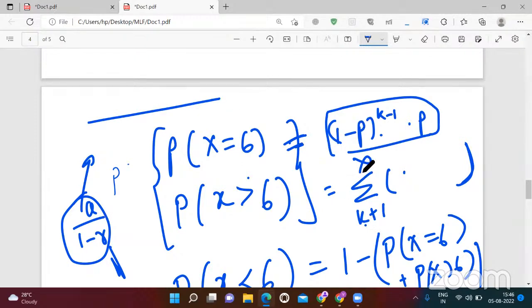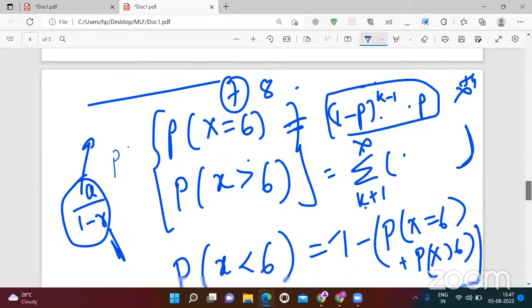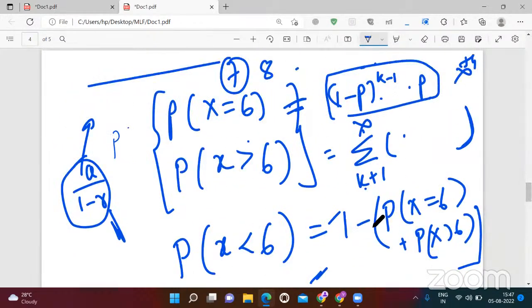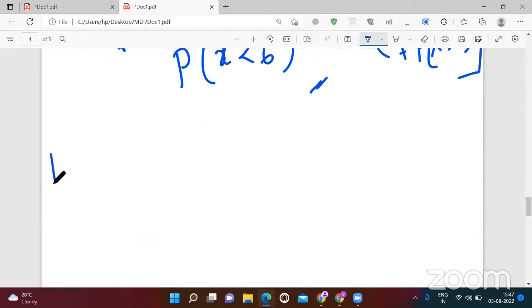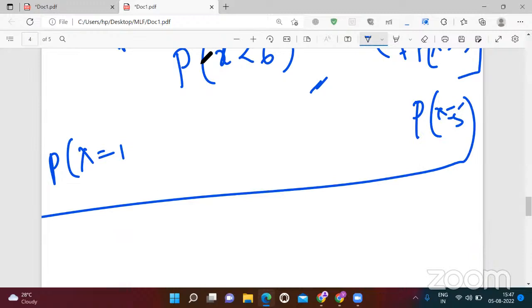So from 7 to infinity, because we can get that number in the 7th term also and the 8th term also, maybe in the 9th or in the infinitieth term. That's why we are doing the summation for all the terms. Yes. So this is what has been done, and then you can subtract it from 1, or else you can just do the summation for x equals 1 till 5 and get the value. So these are two ways to do this, I guess.